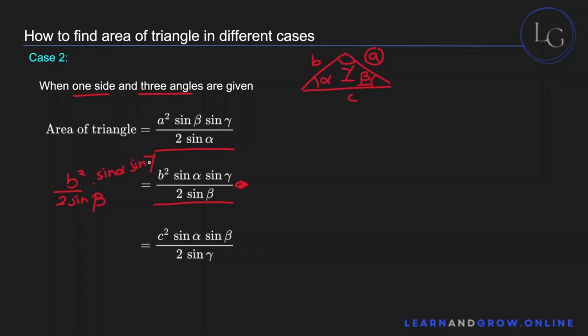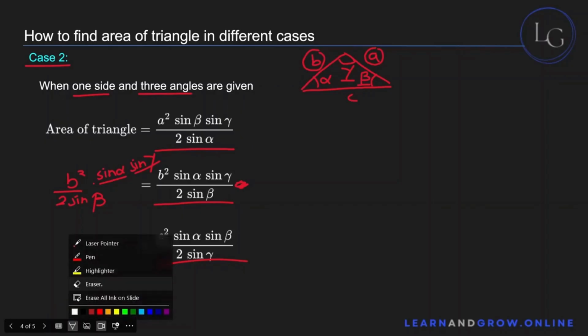So basically you can simplify this by saying, if the side B is given to you, divide by 2 sine of the angle opposite to B, so 2 sine beta, and multiply all of that with sine of the other two angles, sine alpha and sine gamma. Same is the case for this one. I'll leave that up to you, but this is the second case for finding the area, right?